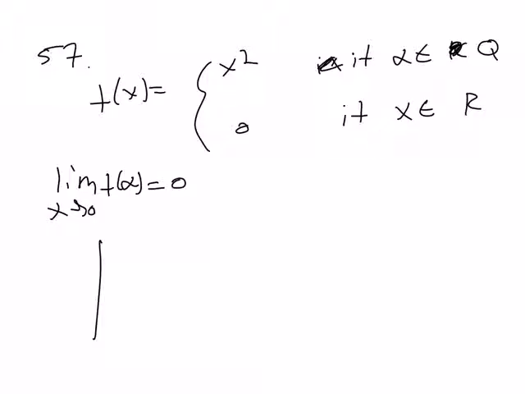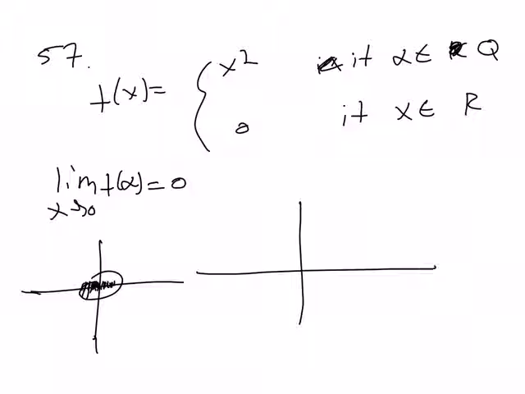So what happens over here is you have your function, and you have a bunch of rational numbers getting closer and closer to 0. You have a bunch of irrational numbers here getting closer and closer to 0. So if we zoom in over here, we're going to have a bunch of rational numbers, an infinite amount of them, and a bunch of irrational numbers, again an infinite amount of them, all getting closer to 0.